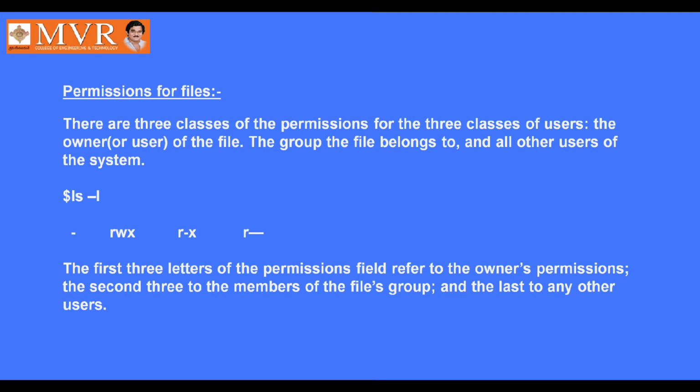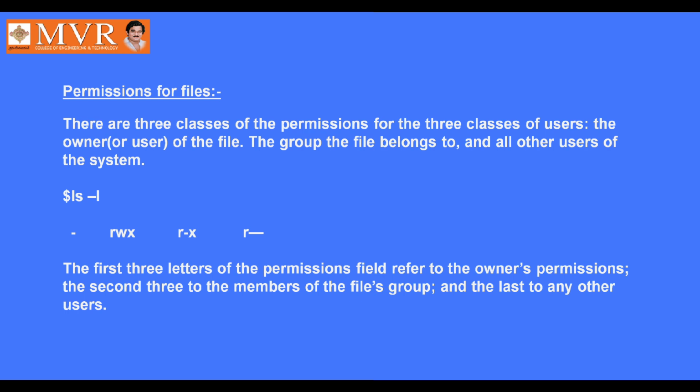And the next 9 characters are very important. Those 9 characters will decide how the permissions have been given to the 3 types of users. Those 9 characters are divided into 3 characters each. The first 3 characters represent the file permissions of the user. Who is the user?